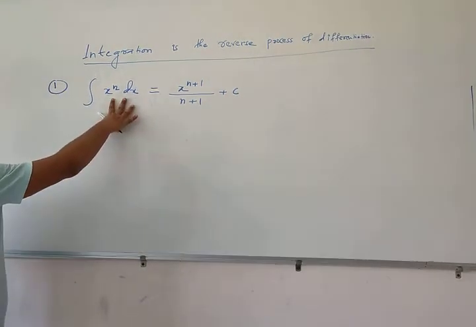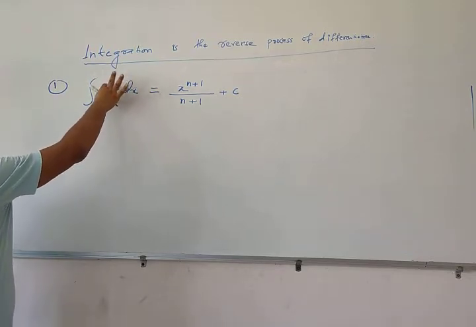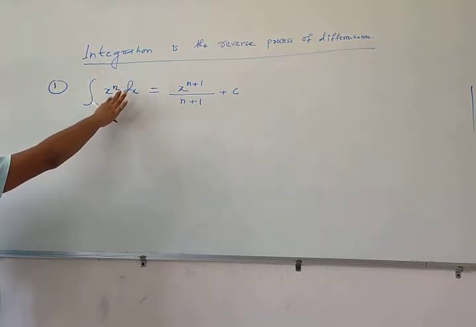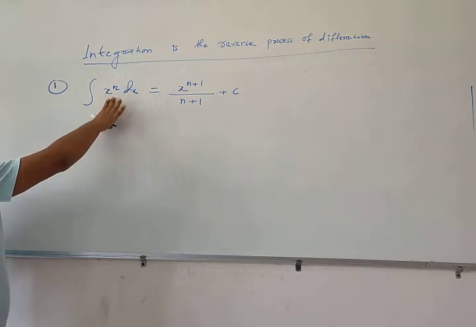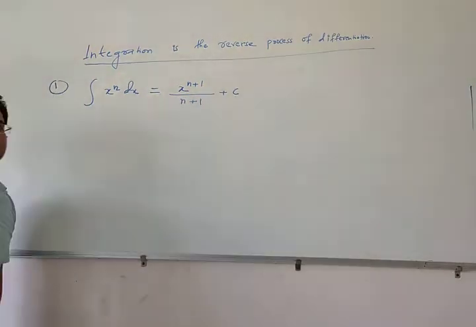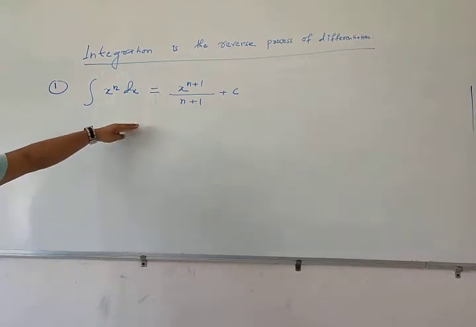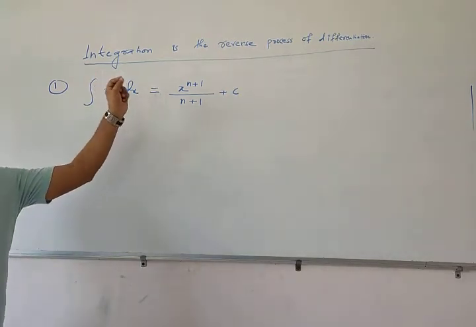This is the first formula, and you know that this is an algebraic expression x to the power n. This is also called monomial, and its integral is x to the power n plus 1 divided by n plus 1. Here we are going to show how integration is the reverse process of differentiation.